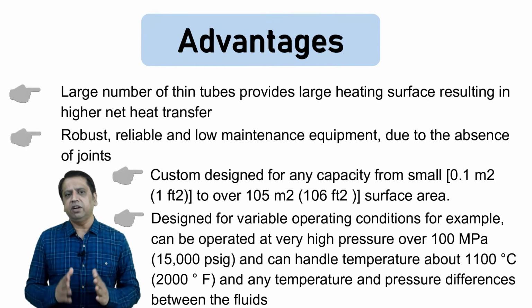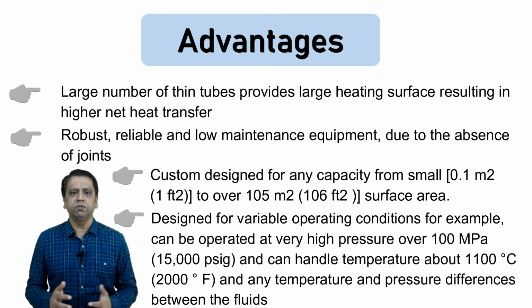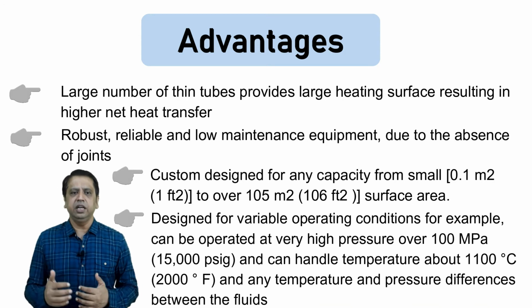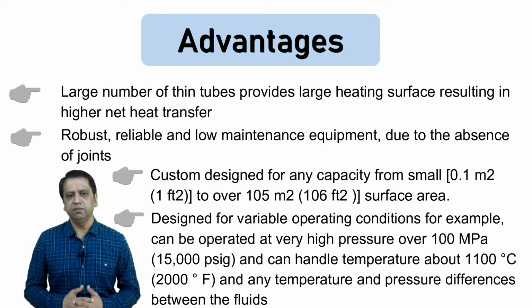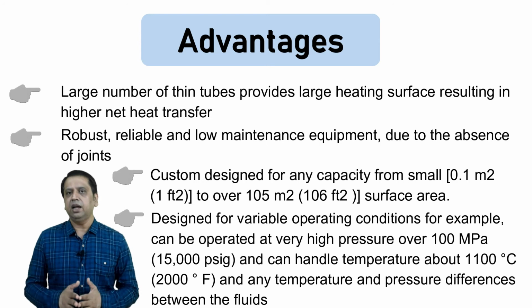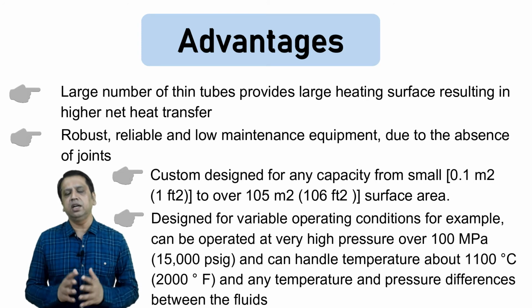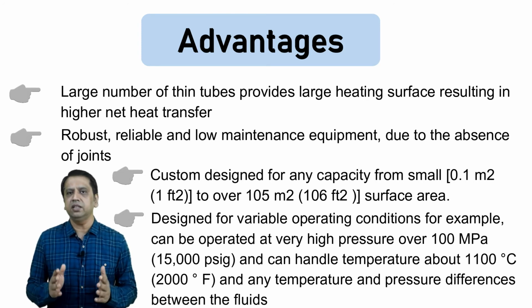Now regarding its advantages, since there are a large number of thin tubes, this will provide a large heating surface resulting in high net heat transfer. This is a robust, reliable and low maintenance equipment due to the absence of joints. It can be custom designed for any capacity, from small, that is from 0.1 square meter, to over 10^5 square meter surface area.